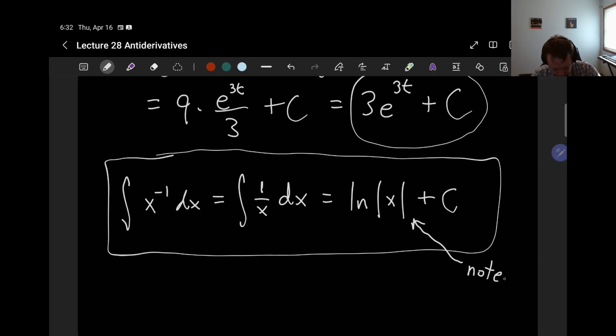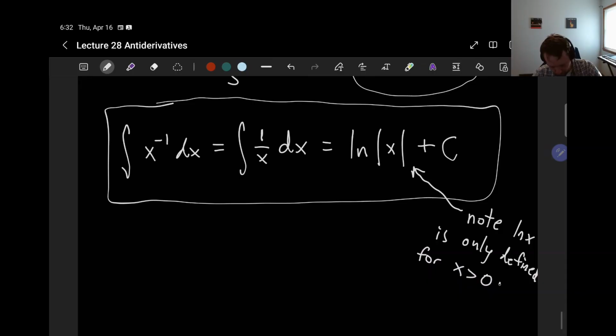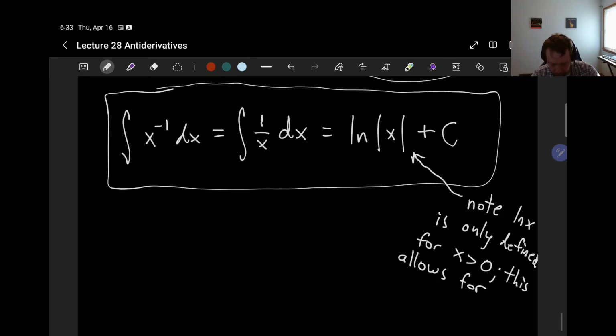So I want to note that plain old ln of x is only defined for x greater than 0, positive numbers. So then this absolute value allows for negative x values to be plugged in because we take the absolute value of them.